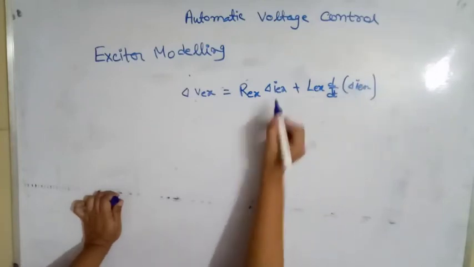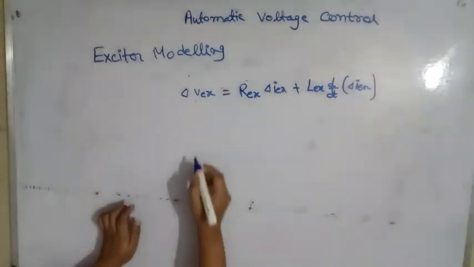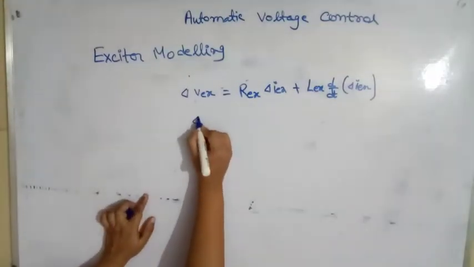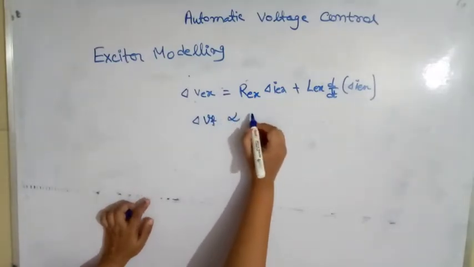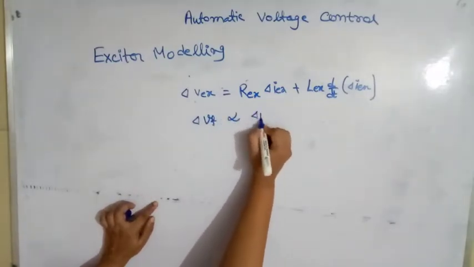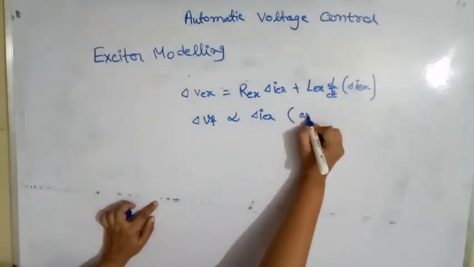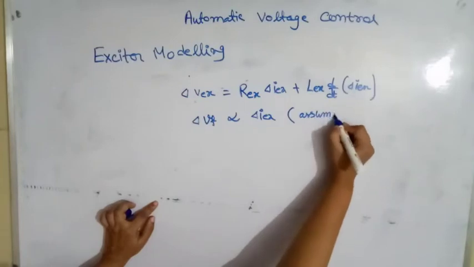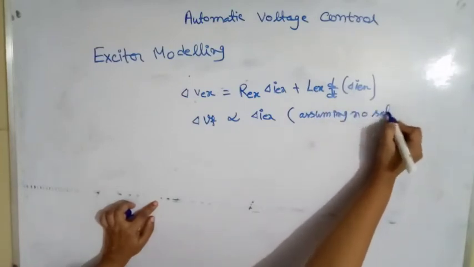Where delta Iex is the exciter current, Rex and Lex are the resistance and inductance of the exciter circuit respectively. Now delta Vf is proportional to delta Iex, assuming no saturation.